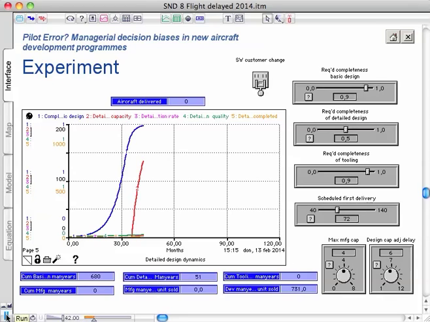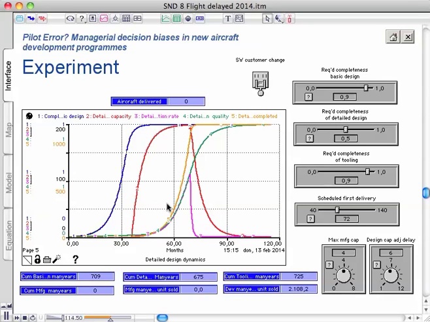Nothing particular there, and I'm here in the detailed design. So here you see detailed design capacity coming up, and here you see the completion rate. Suppose that we then shorten that. Let's do something drastic, make that 0.3, very much a recurrent thing.